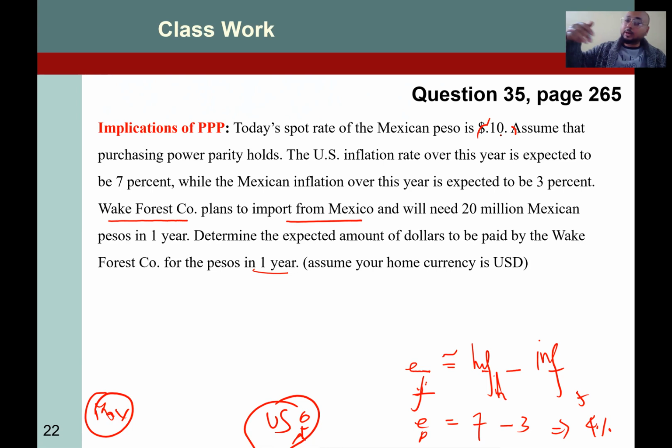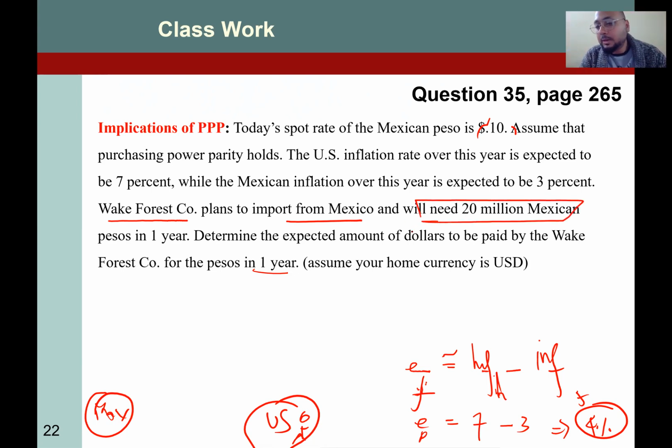No, this is not the forward rate, sorry. So appreciate or depreciate: the spot rate will appreciate, yes, by 4%. So when they convert their money to get 20 million pesos, how much do they need? First of all, the expected spot rate is going to be 1 plus 0.04 multiplied by 0.1.